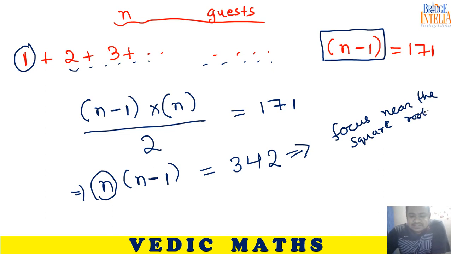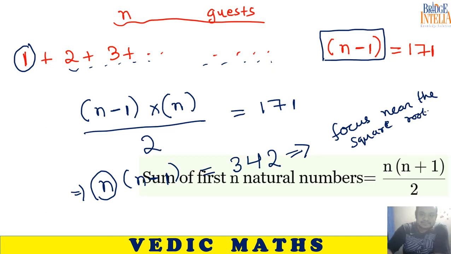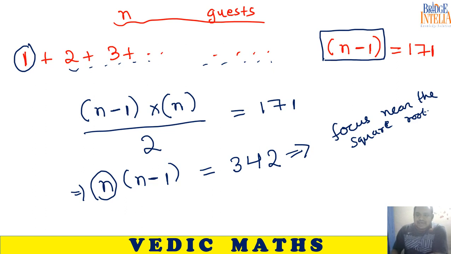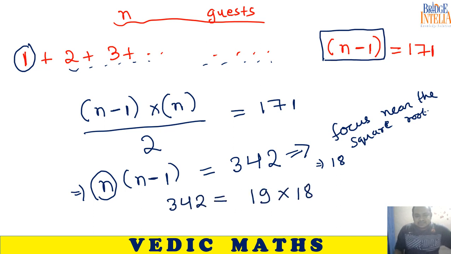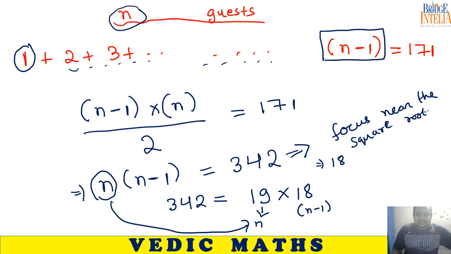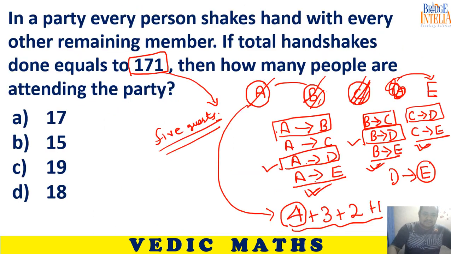So what is the square root of 342? It is very near to 18. So you will realize that 342 can be written as 19 into 18. Here 19 is playing the role of n and 18 is playing the role of n minus 1. So how many guests were there in the party? The value of n is coming out to be equal to 19.